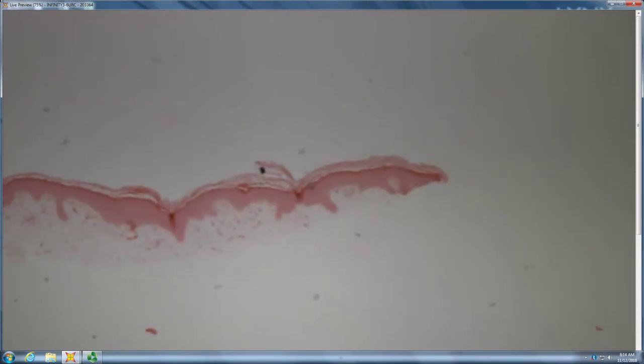Superficial shave. And tell me about your keratin. Is it intact or is it falling apart? Falling apart. What do you call a falling apart keratin, clinically? Scale. Scale. Very good. And most scale is parakeratotic. This is not parakeratotic.